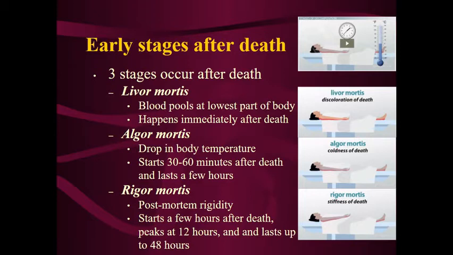Second stage is algor mortis, and this is when the body temperature drops. This starts 30 to 60 minutes after death and lasts a few hours. And then finally, rigor mortis is post-mortem rigidity. This starts a few hours after death, peaks at about 12 hours, and lasts up to about 48 hours.